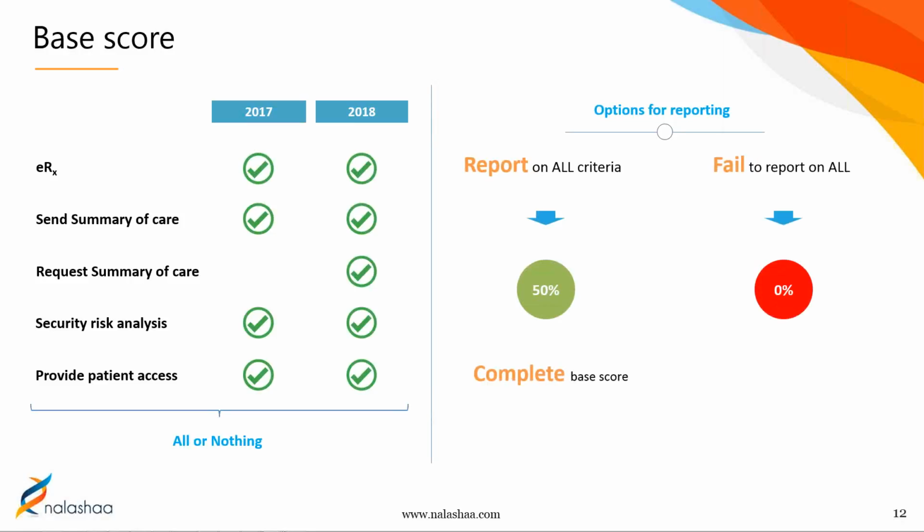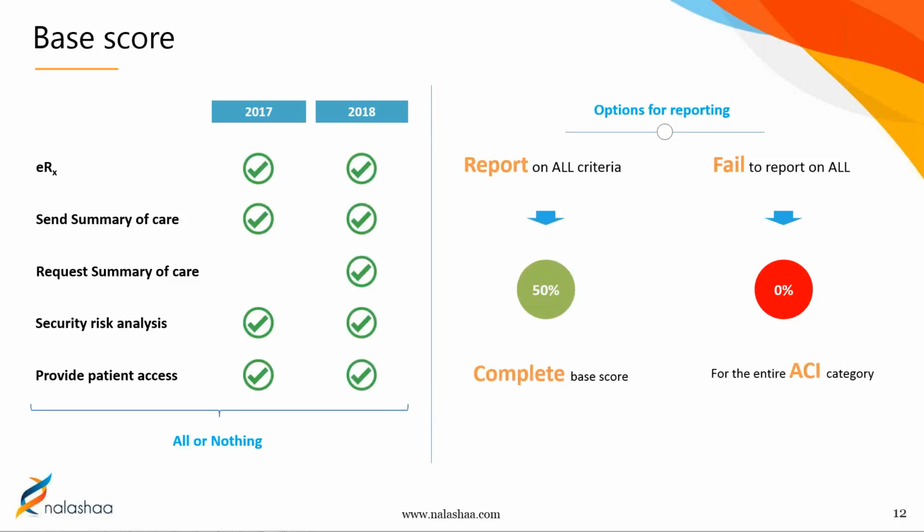And if you fail to report on all the measures, you get 0%, and 0% from the entire ACI category. So even if you report the performance score measures, it is not going to get counted. So you have to make sure that the base score measures are implemented and are reported.